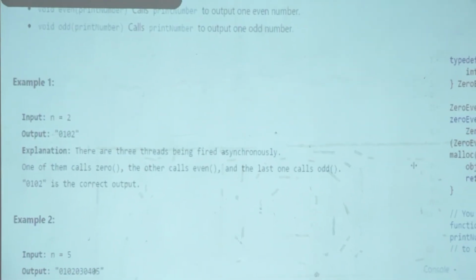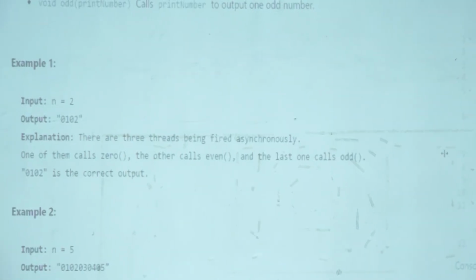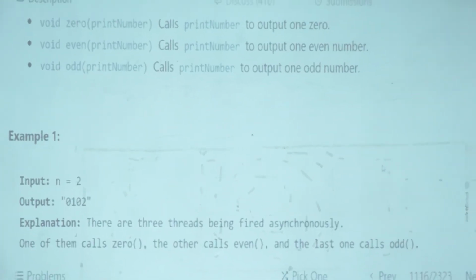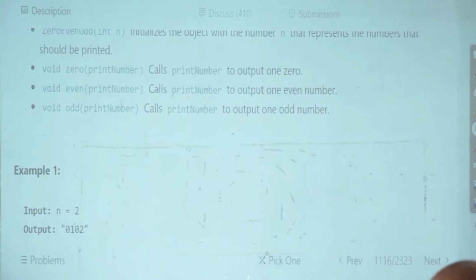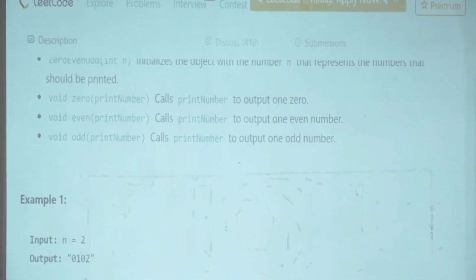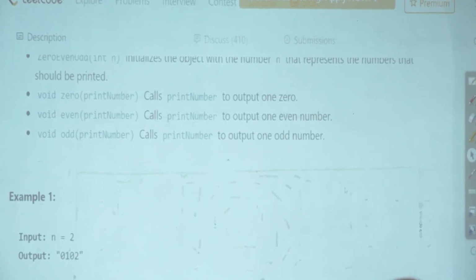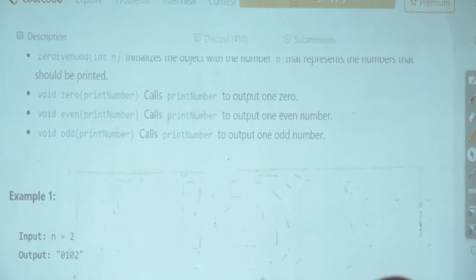This is slightly smarter, but you can change the same code we gave you to do this also. See, there are 3 threads. It's how you manage your flag that is important. First thread prints 0 only. Second thread prints the next even number, whatever it is.